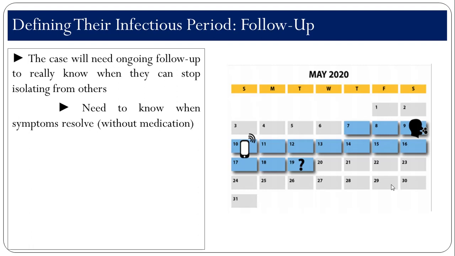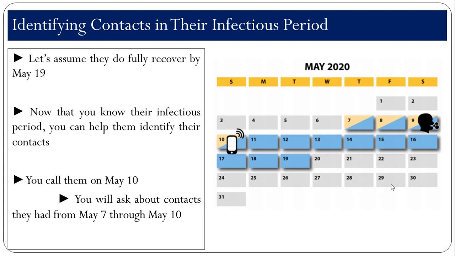So, on this slide the days of their infectious period are shown in the blue, and we assume that we call the cases on May 10th, and you are going to ask them about the contacts they had since 7th May. Those are also shown in yellow. Here you can see this portion we are talking about.